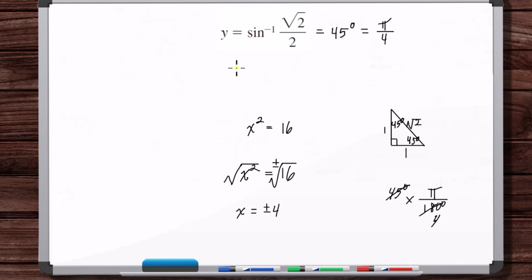That is kind of true in the sense that in most scenarios where you're using an inverse trig function, you're thinking about that bigger picture.